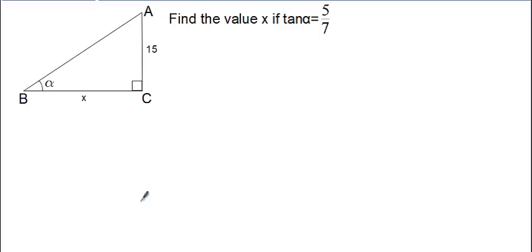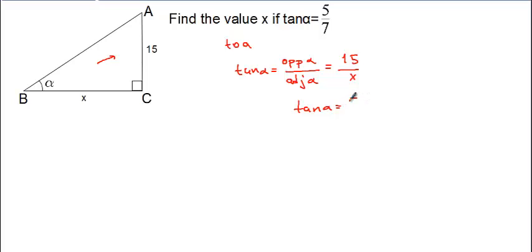Here if we continue, again, tangent alpha this time is given. Tangent alpha, we need to remember, it was opposite of alpha over adjacent of alpha. And in the question, opposite of alpha is 15, and adjacent of alpha is equal to x. Here it is given tangent alpha is equal to 5 over 7 in the question part.